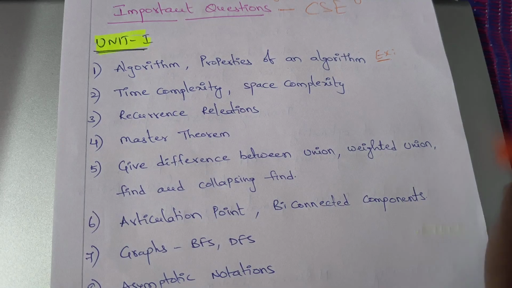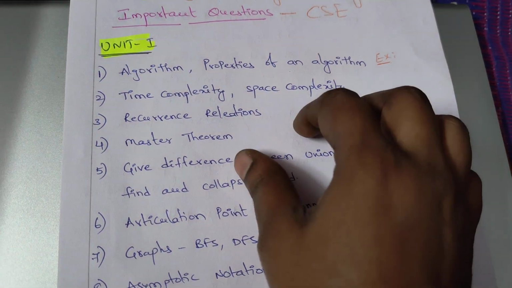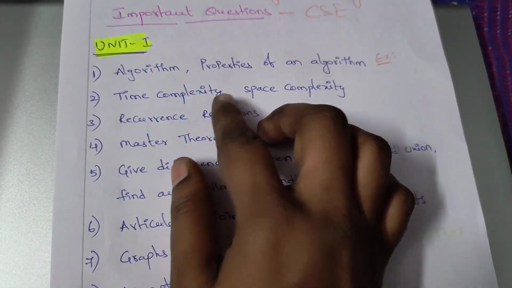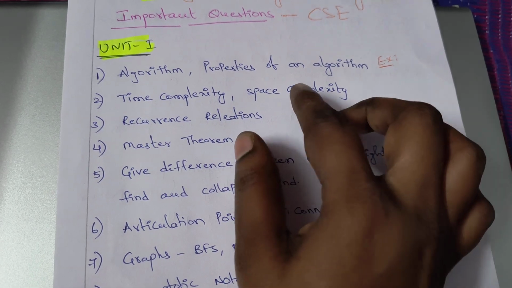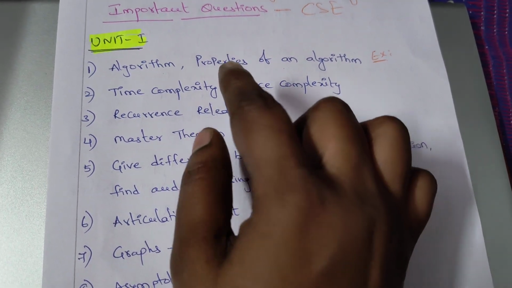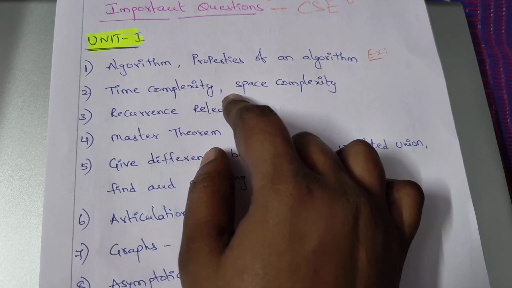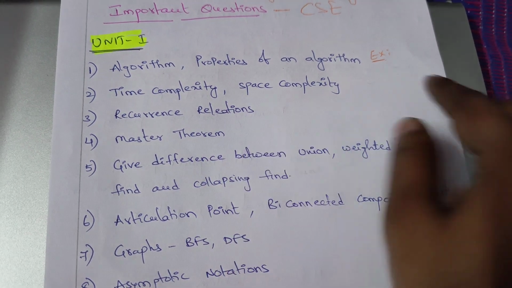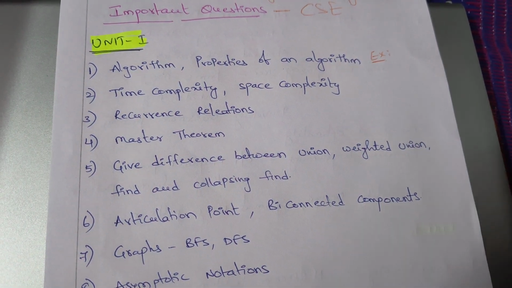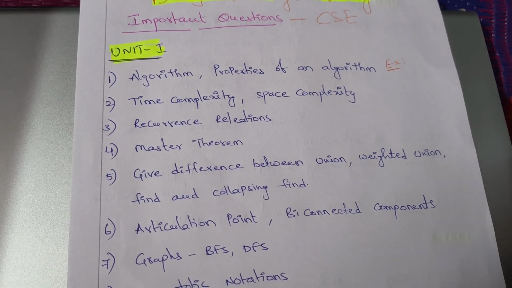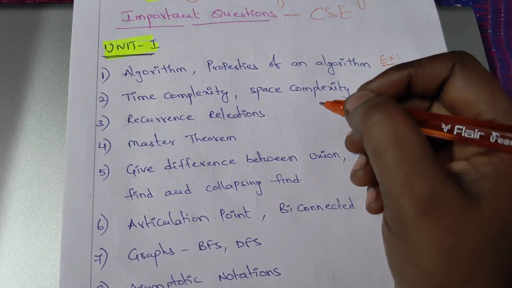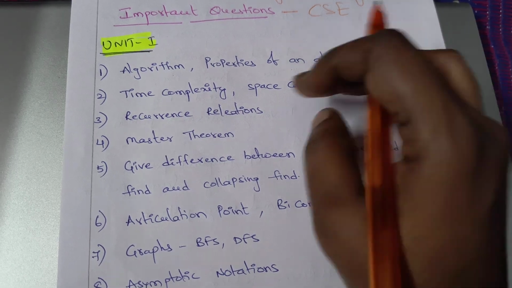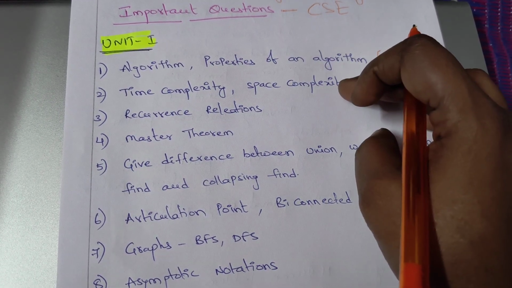I identified in previous question papers that time and space complexity is a 2 marks question. The same question can also be expected as performance measurements of an algorithm. Remember the terminology I am using: performance measurements of an algorithm, or time complexity, space complexity.